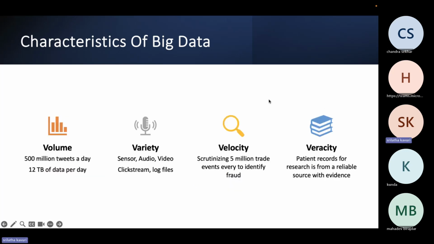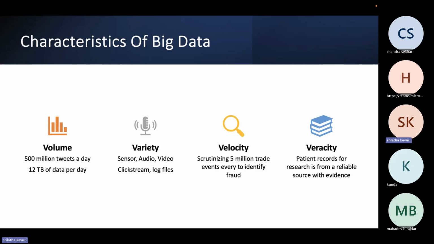Now, a few real world examples you can consider with respect to volume: we have 500 million tweets a day, which is almost 12 TB of data created every day. Considering variety of data, it's sensors, audio, video files. Clickstream data is something like this: whenever we go to a shopping website, let's consider Amazon or Flipkart, and you click on an item, it is going to show you suggested items, right? How is it doing that?